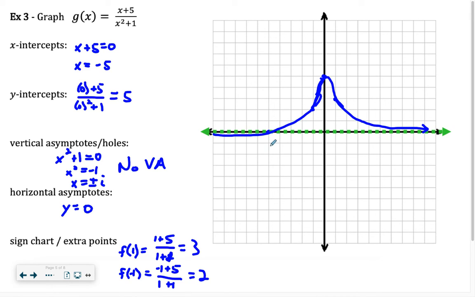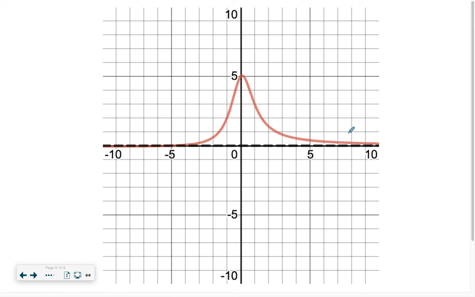Do something like that. All right. So it is possible to have no vertical asymptotes and end up with a graph like this. So again, a little bit more cleaned up version would be this, and it's difficult to tell, but this graph does cross at -5 and then comes and approaches the asymptote from below.